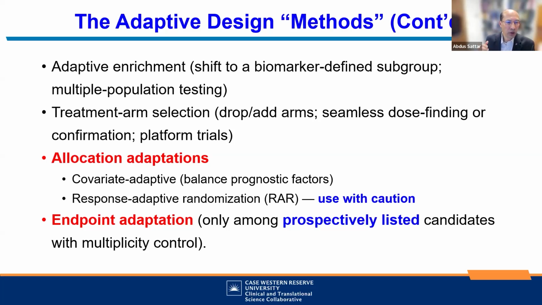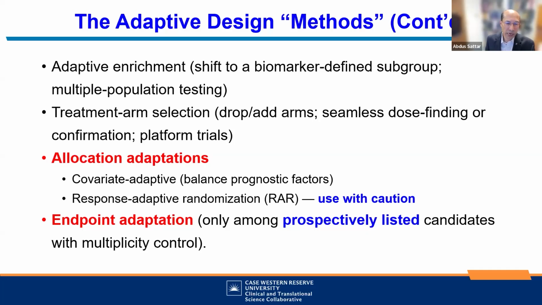And allocation adaptive, covariate adaptive, response adaptive, we talked about a little bit, but the use of response adaptive randomization should be with caution. It has a very significant issue if we don't use it carefully. There are some mechanisms to do it; those are very technical probabilistic aspects, like the play-the-winner model type of application.